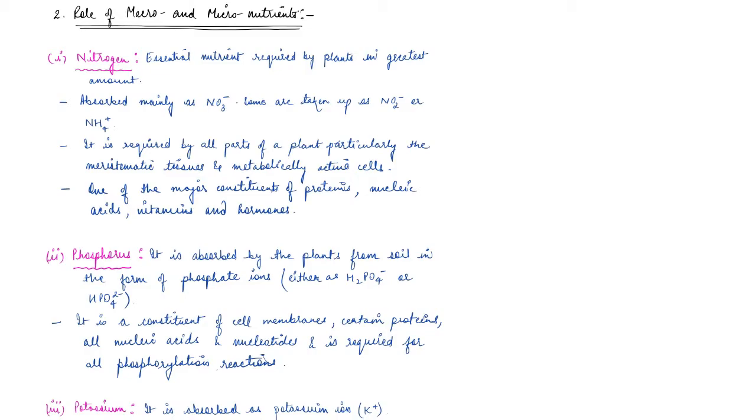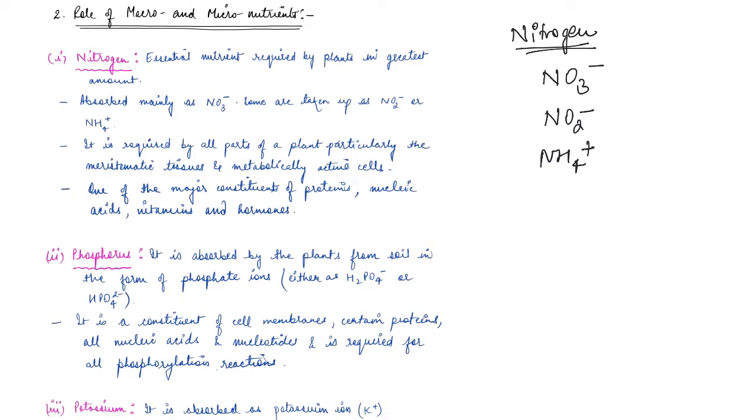So let's see what these elements are and what their essential functions are. The first element that we are going to discuss is nitrogen. This nutrient element is required by plants in huge amounts, and it is absorbed mainly as NO3, some of which can be taken as NO2 or even ammonia.